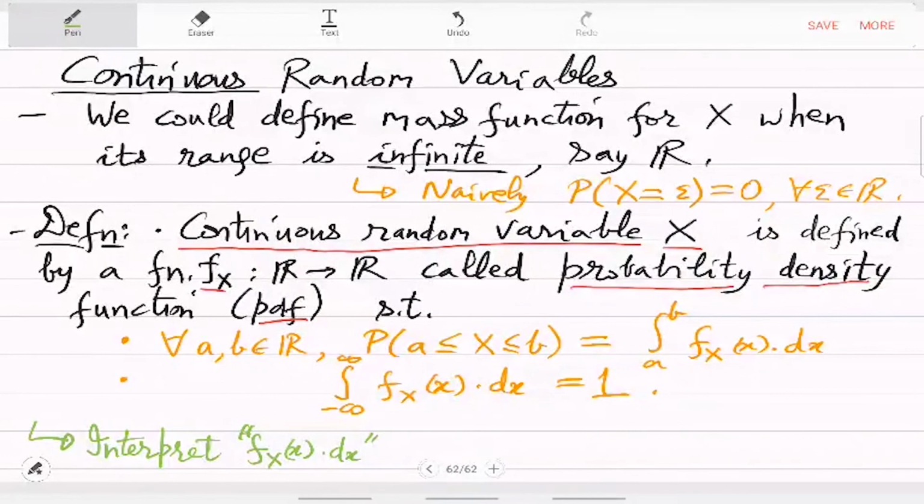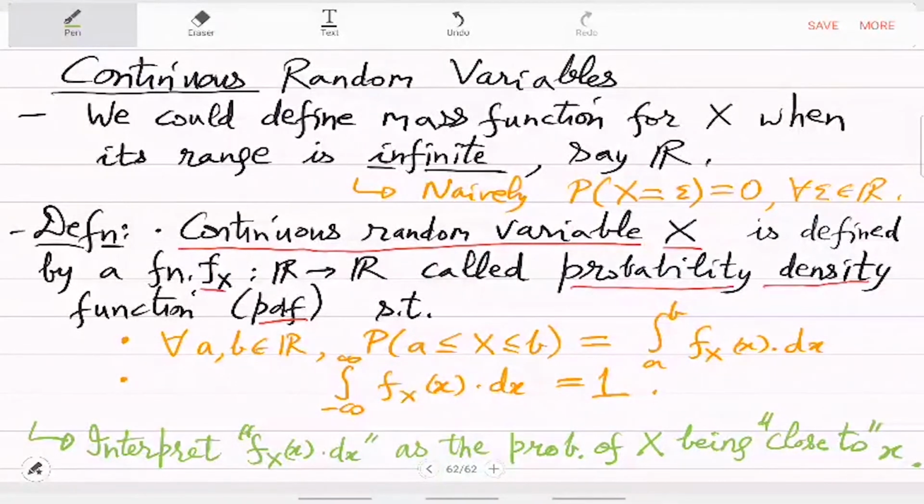So, in those terms, this f times dx should be interpreted as the probability of x being in the vicinity of x. Okay, so, this close to x means infinitesimally close.